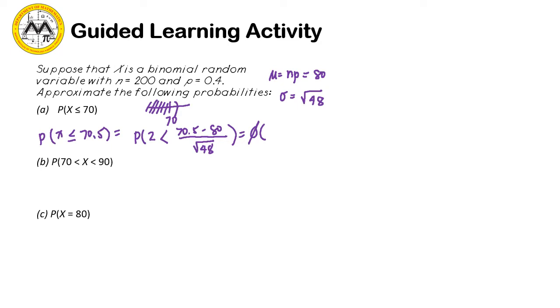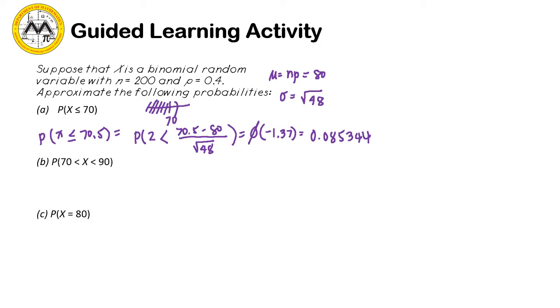That's negative 1.37. Solving for that area, it is 0.085344.